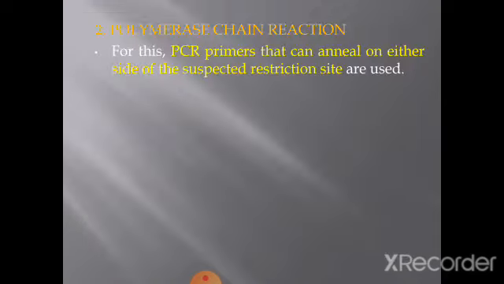Another method by which you can do it is PCR, polymerase chain reaction, the technique I taught you in my last class. Let's see what is done in this. For this, PCR primers that anneal on either side of the suspected restriction site are used, okay.